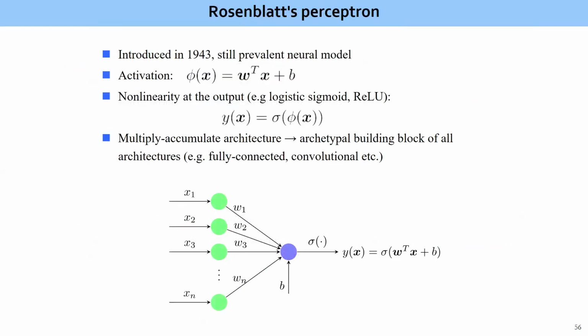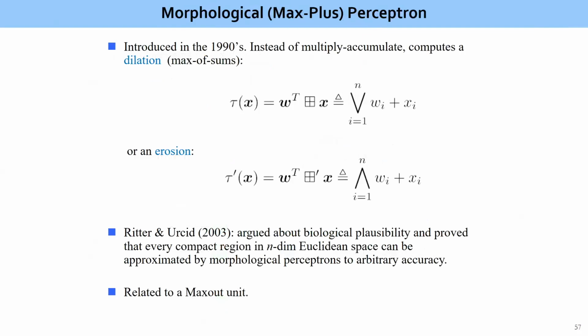Here is the classic Rosenblatt's perceptron, introduced in 1943. It uses a linear combination of the inputs and passes it through a soft, differentiable nonlinearity sigma, like the sigmoid. The morphological or max-plus perceptron does not use an activation function.